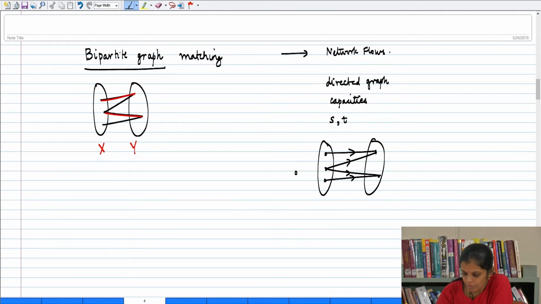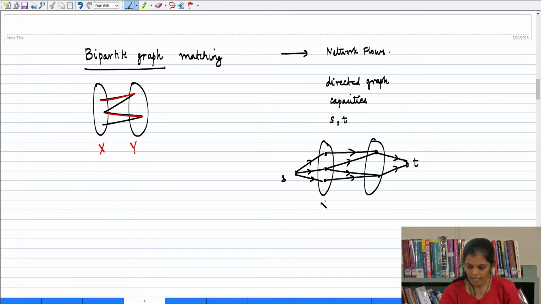Till here I have gone from an undirected graph to a directed graph. I am going to add two dummy vertices S and T. I am allowed to change my networks as long as I do it in polynomial time. In fact, one can do even more, but here I am doing only a constant amount of addition. Okay, this is my flow network.